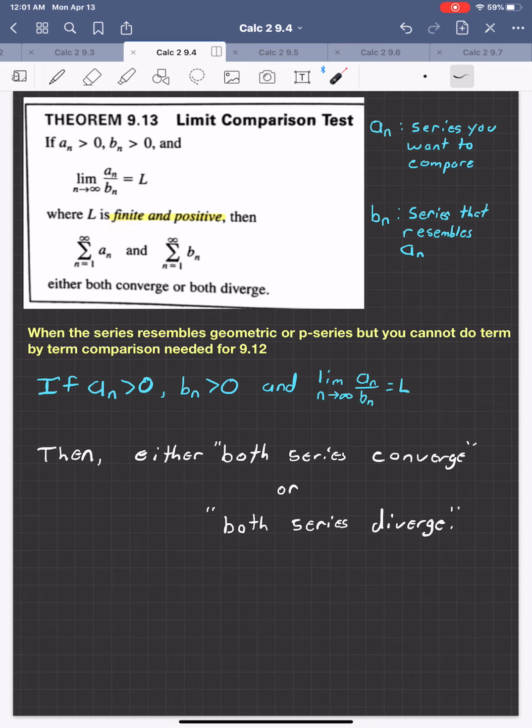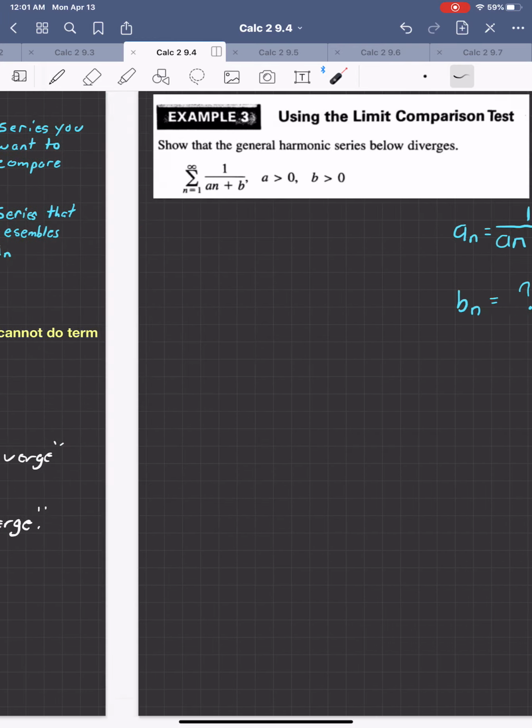Now, if that can be done, then the limit comparison test is quite neat. It lets us say either both converge or both diverge. Okay, so the game is going to be as follows. Ready? Let's get started.